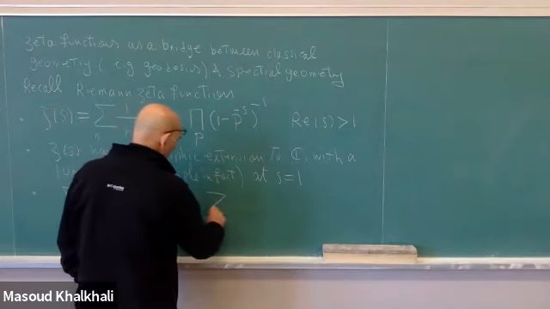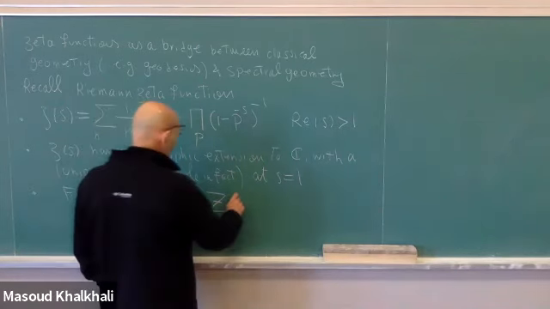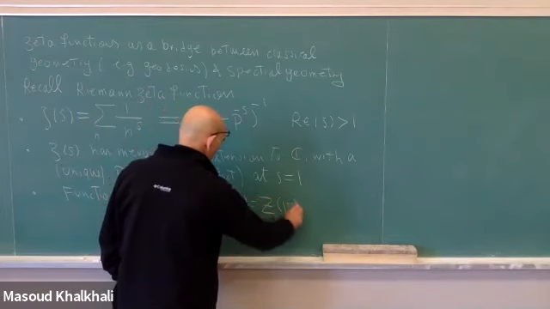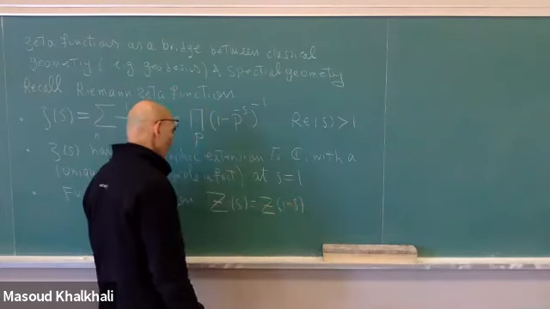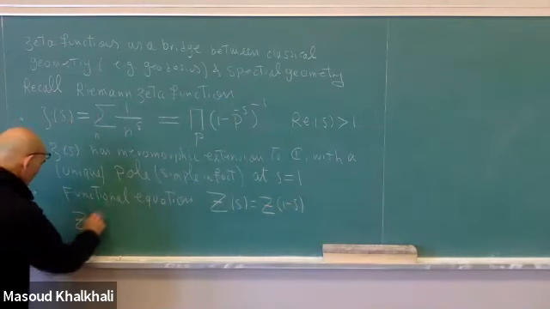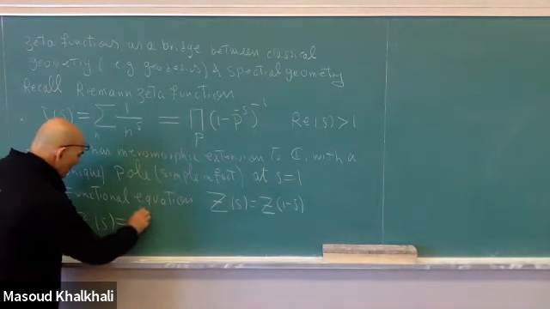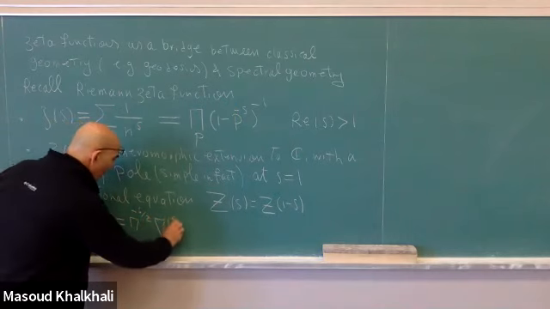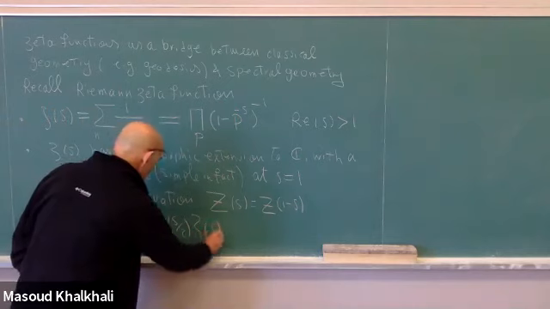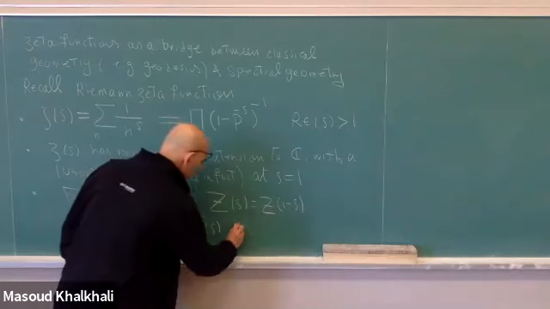We proved it essentially using the Jacobi inversion formula, which says Z(s) equals Z(1 minus s), where Z is the completed zeta function, equal to pi to the power minus s over 2, times gamma of s over 2, times zeta of s. So this is called the completed zeta function.